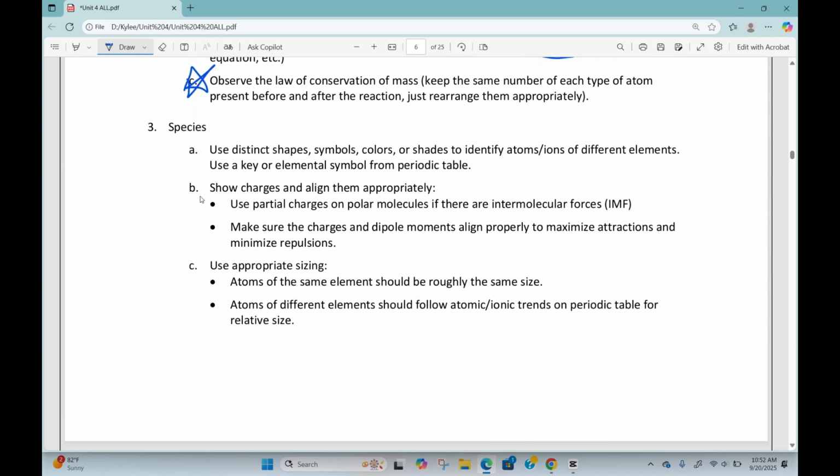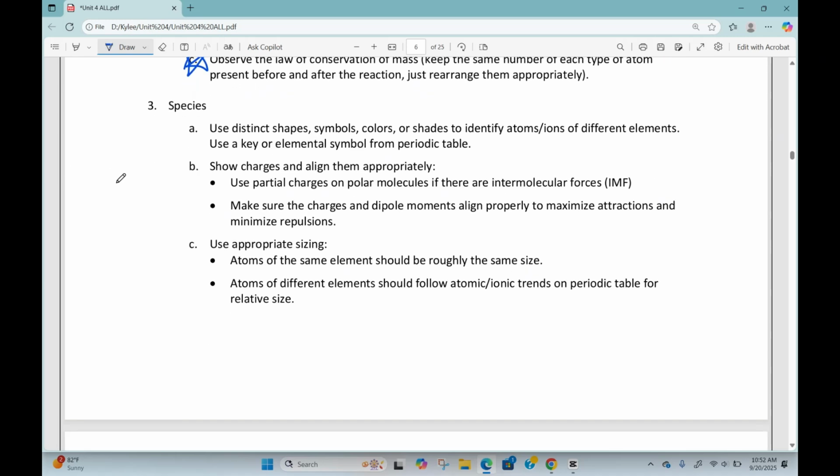For the species in a particle diagram, sometimes it's helpful to use different shapes or symbols to identify what we have. I know it says colors here, but you're not really going to have colors available to you on the AP exam, so shading can be helpful to identify different atoms or ions.